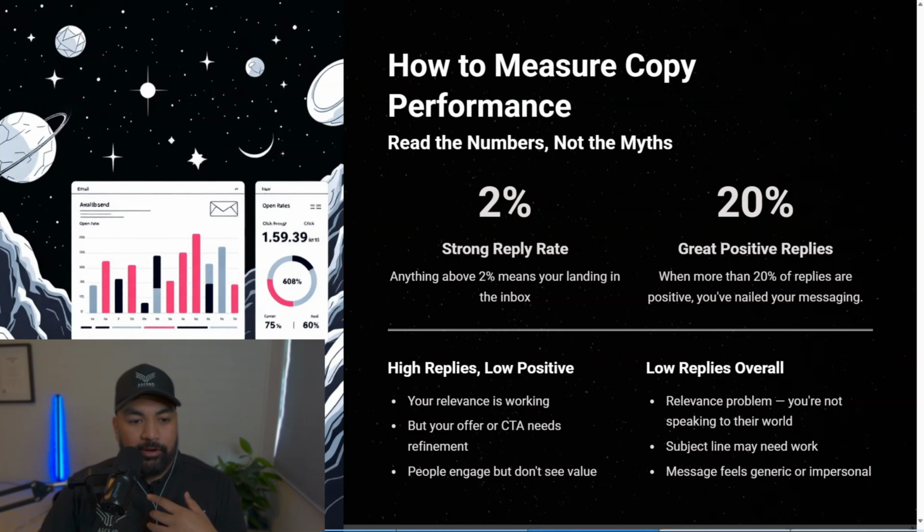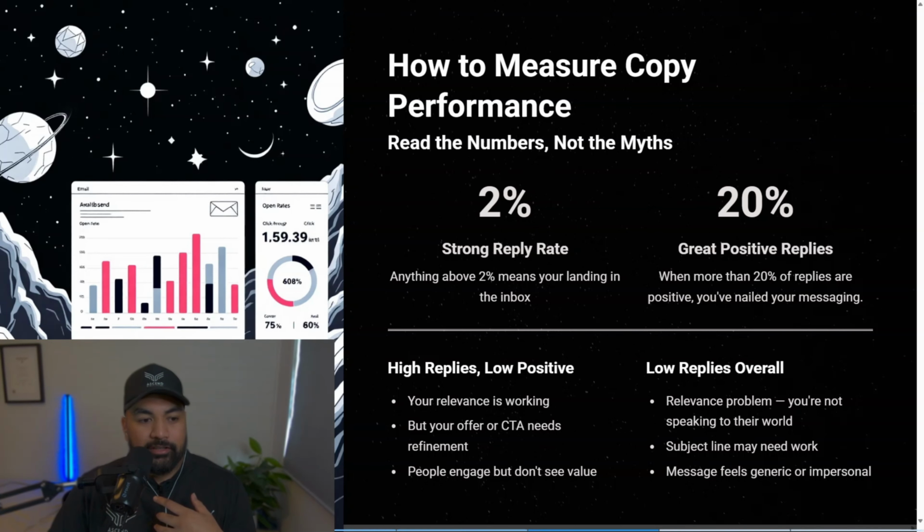However, if the positive reply rate is less than 20%, that's when I would say the copy needs work. A way that you could look at it is that if you have high replies but low positive, it means that you're targeting the relevant market, but they're just not interested in what you have to offer. And perhaps the CTA, or call to action, is too strong. But generally, it'd be the offer or the CTA.